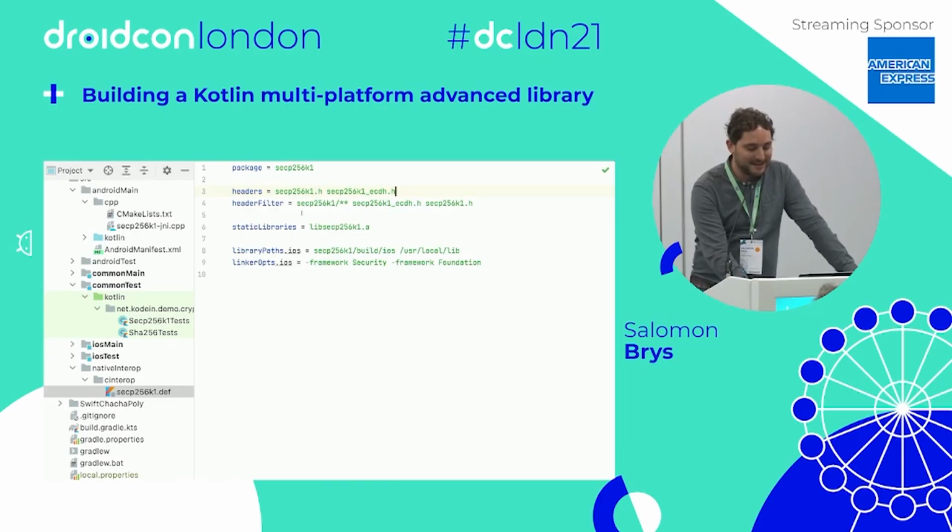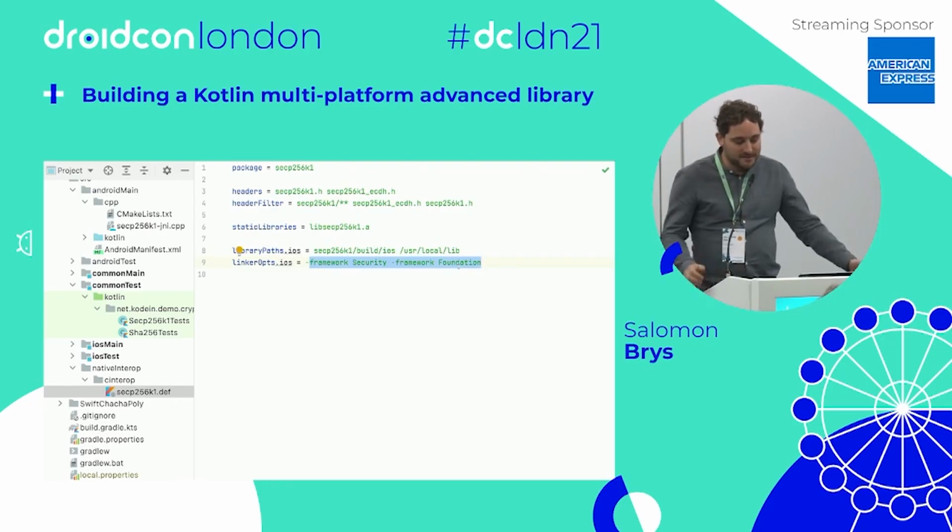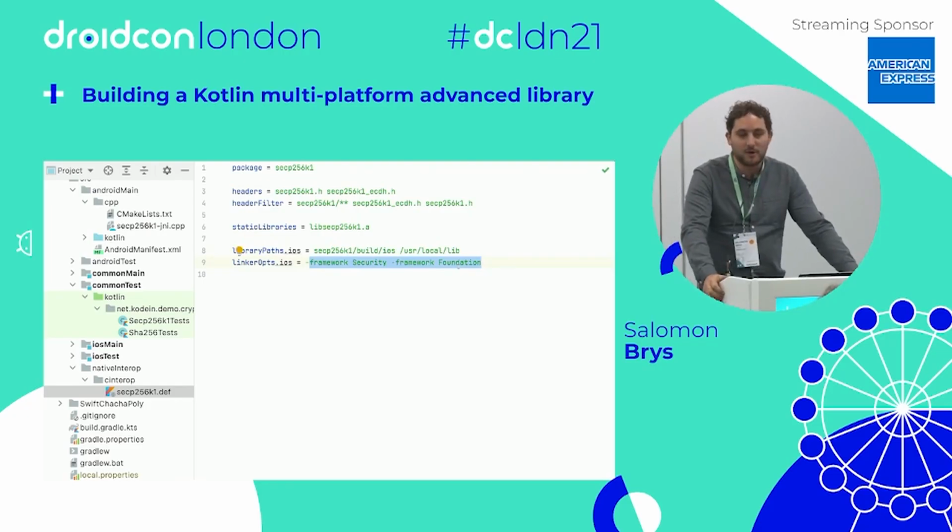So it's only C, and you give it the C headers, and you give it a filter stating, okay, because those headers will probably include other headers, and I want you to generate methods only for the headers that are in this file. And by the way, when you compile, you'll need to link against this library, and you can find this library in this folder. And you also need, because I'm using SecP256K1, these are the frameworks that SecP256K1 needs.